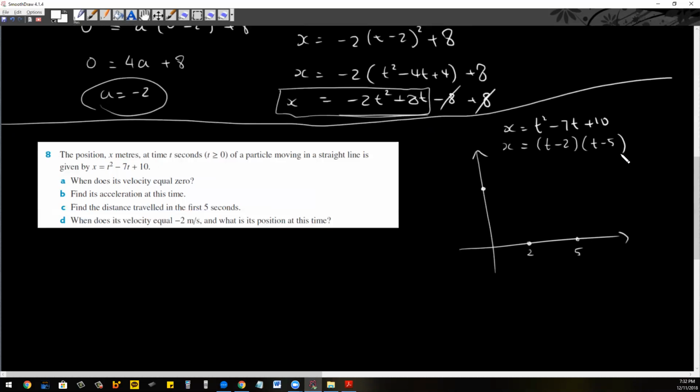And what's the y-intercept? Is it 10? 10, that's right. Because if you let t equal 0, you find x is equal to 10, right? So that value is the y-intercept, in this case the x-intercept, and that's time. So it's a parabola and looks like this.